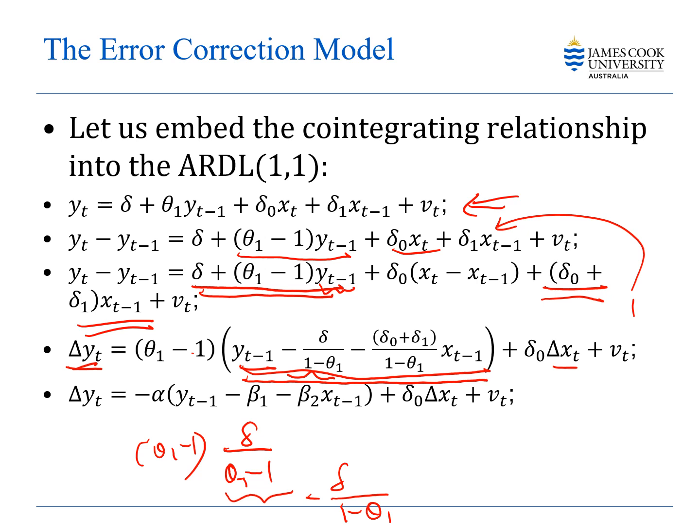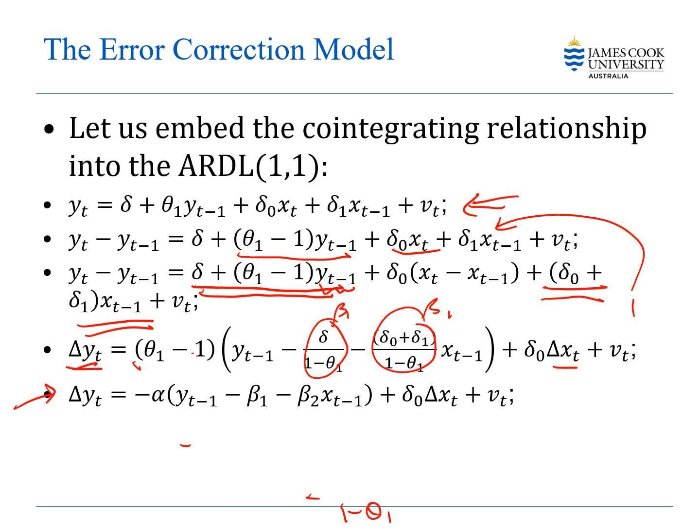And you might be wondering why we are doing so. It's because the terms inside this bracket look exactly the same as the long-run relationship we just derived a moment ago. So we know that this is called beta 1, this is called beta 2, right? So now we have this equation, and let's call alpha to be 1 minus theta 1. So we have this equation.